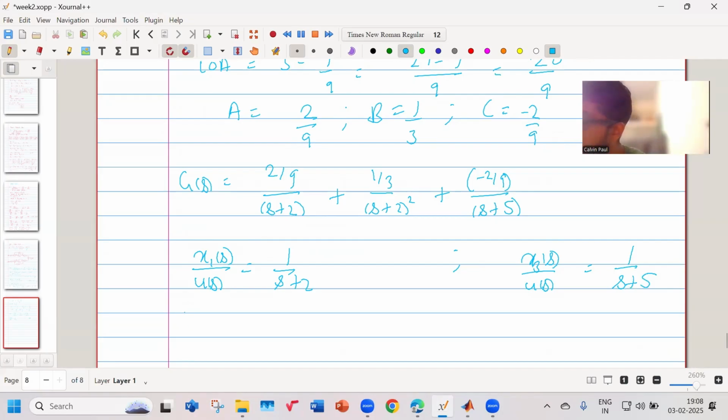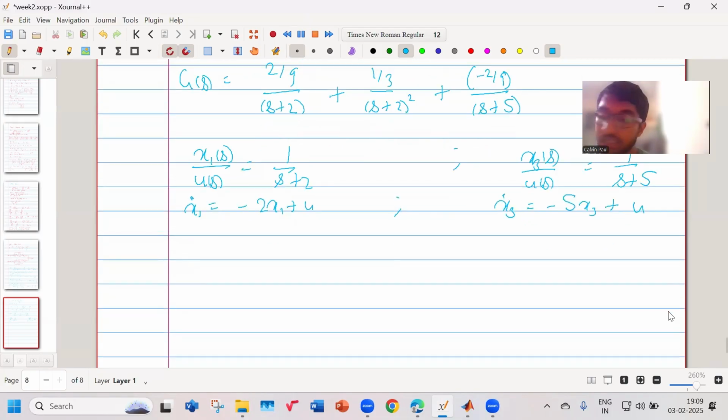What do we get? X1 dot is minus 2 X1 plus u. X3 dot is equal to minus 5 X3 plus u. These are simple. But what is difficult is this term, X2 of s upon U of s is equal to 1 upon (s plus 2) the whole square.